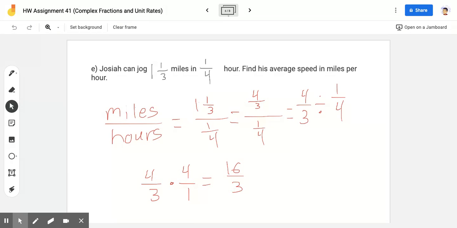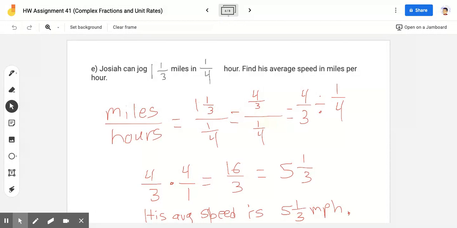We could leave it like that, or put it as a mixed number, which would be 5 1/3. So we would say his average speed is 5 1/3 miles per hour.